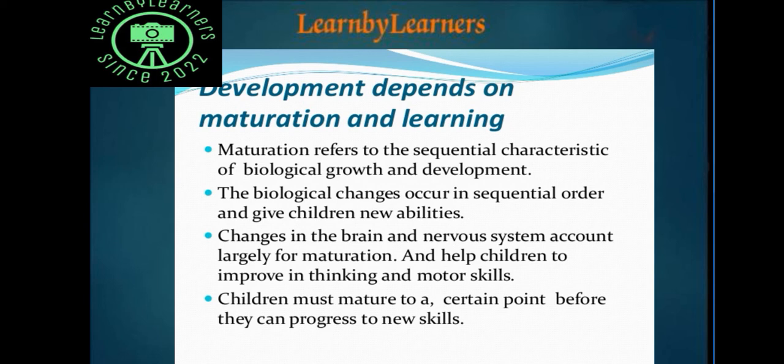All right. So development depends on maturation and learning also. Maturation is what? The sequential characteristic, right? It occurs in sequence order and gives children a new ability, a new capability to do the task. Changes take place in the brain and nervous system in the maturation period, and also improve their thinking and motor skills, right?